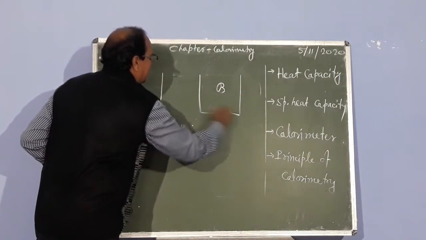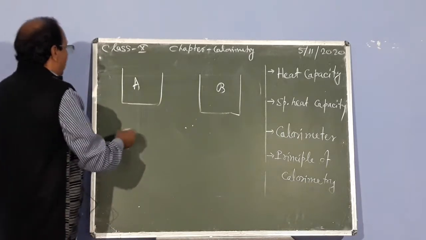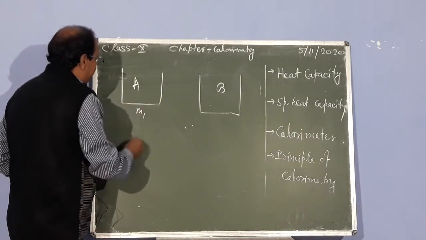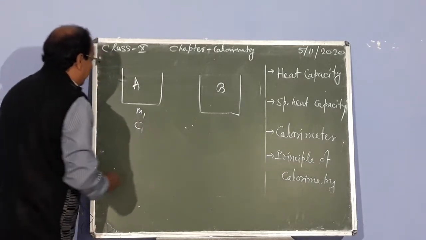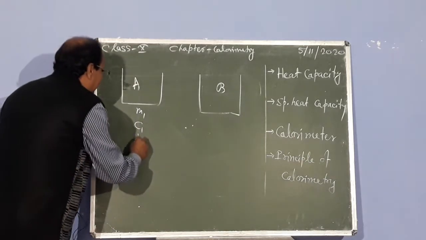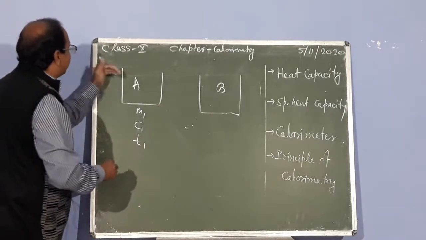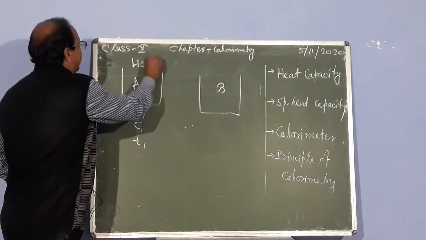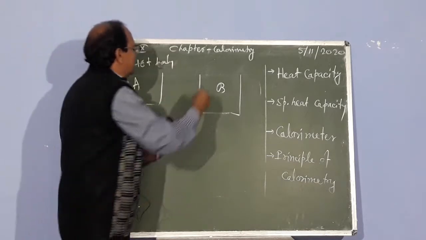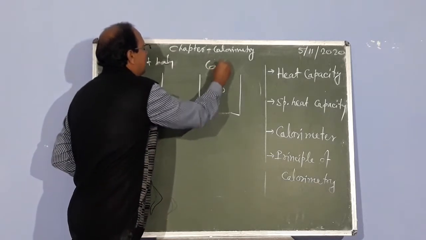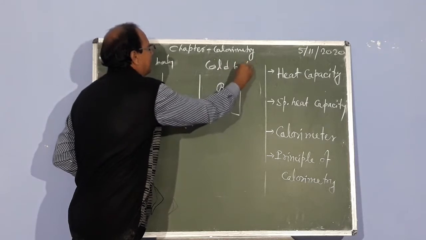Of course, we will be keeping them in contact later on. A has mass M1, specific heat capacity C1, and initial temperature T1. Let's think that it is the hot body, and obviously B can be considered as the cold body.